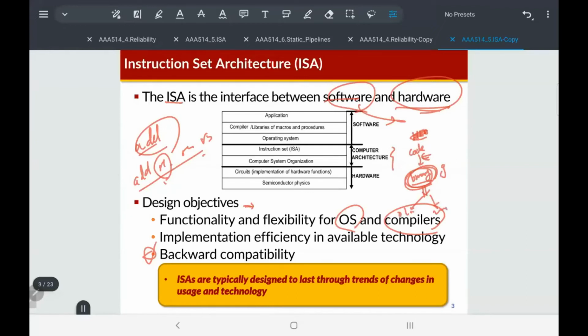If this binary code is compiled using the x86 ISA, all x86 processors need to run this binary. This is called backward compatibility.